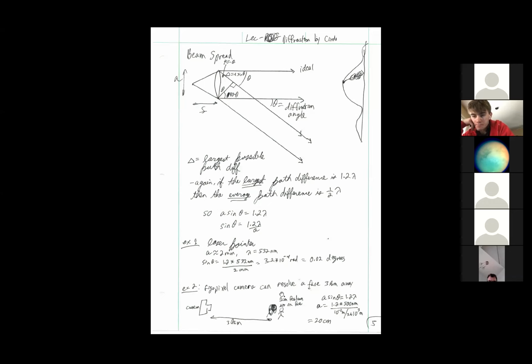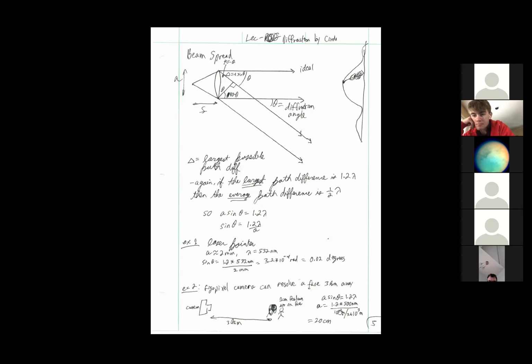In order to resolve a human face, in order to make out details, realistically, in order to identify people, you would need at least centimeter resolution to pick out anything. Otherwise, all you could maybe say is skin tone, do they have a mustache or not, something like that. So two details, a centimeter apart, 3 kilometers away, are going to produce a very tiny angle.